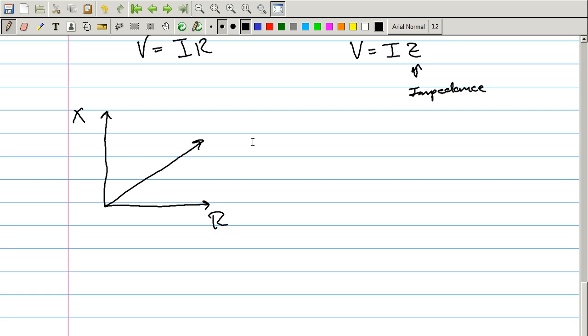And the resultant vector between those two is, of course, impedance. And there's some angle here, theta. That angle between the two is going to come in later. But that is what impedance is.